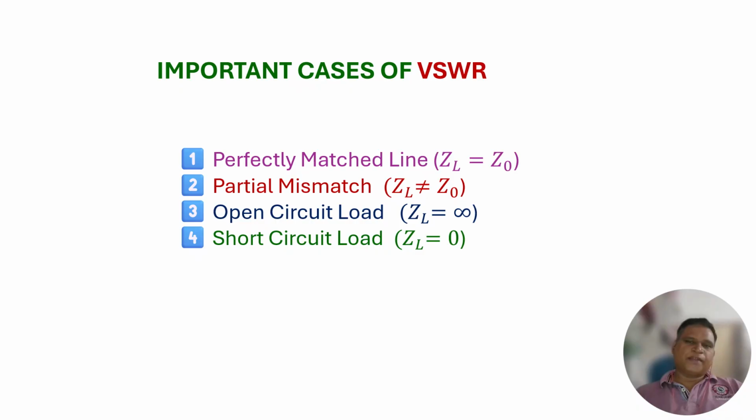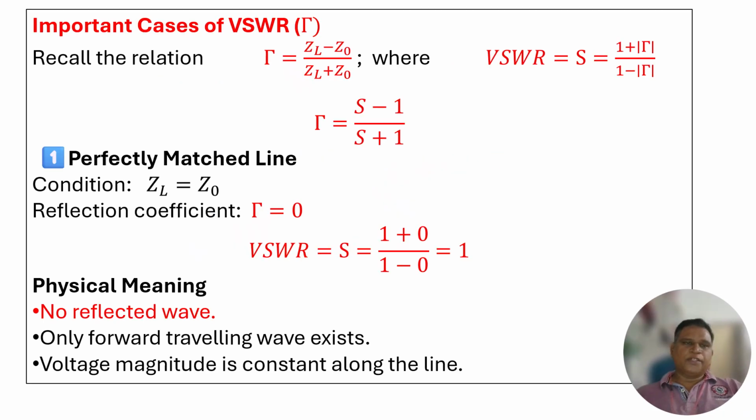The important cases of VSWR are the perfectly matched line, that is ZL is equal to Z naught, and the partially matched line, ZL is not equal to Z naught. The open circuit load, ZL is equal to infinity, and the short circuit load, ZL is equal to 0. Okay, we will see each case.